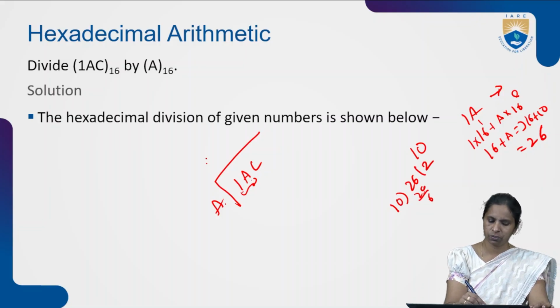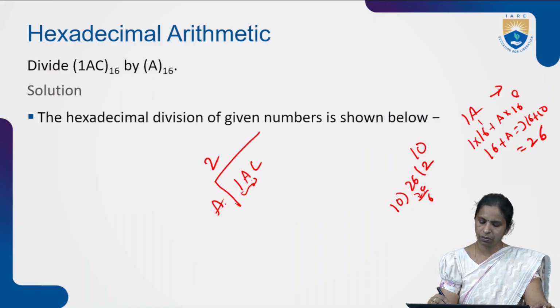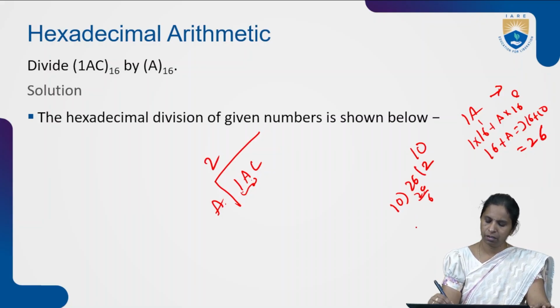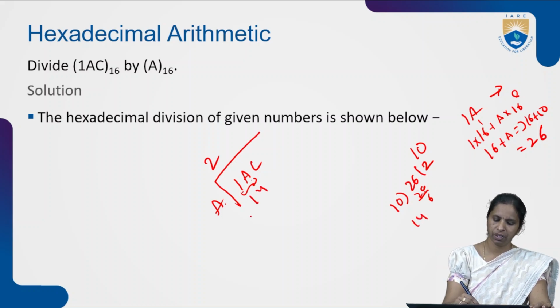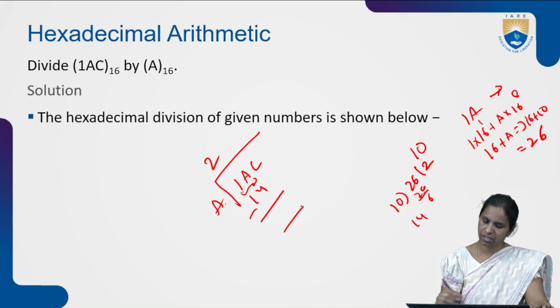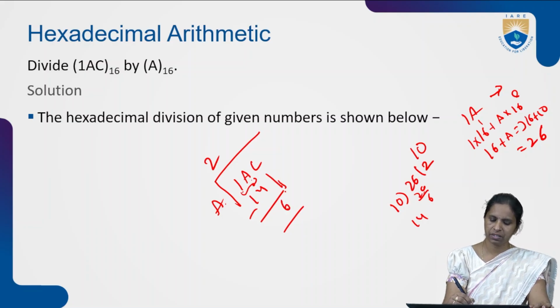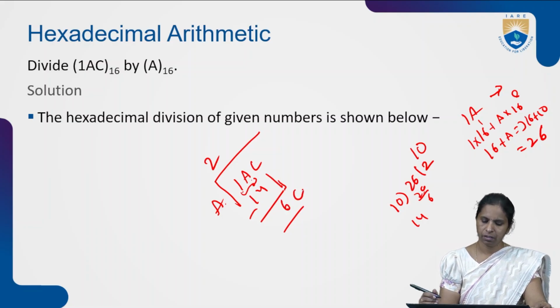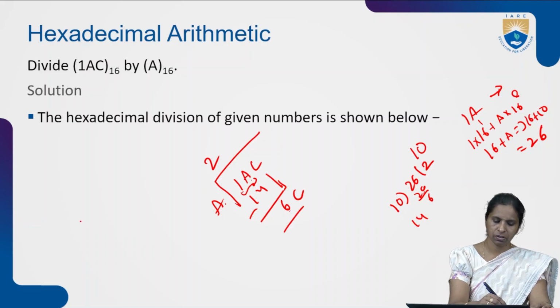Therefore, A twos are 20, and 20 is nothing but 14 in hexadecimal. Then what is the subtraction we get here? The remainder is 6. And bring down the C here, giving 6C. So 6 into 16 power 1 plus C into 16 power 0. 16 sixes are 96, plus C, which is 12.